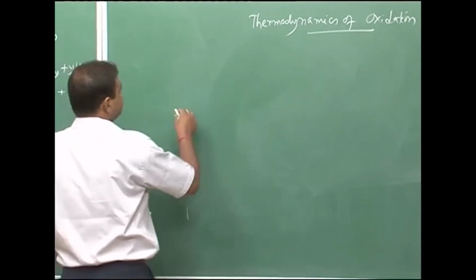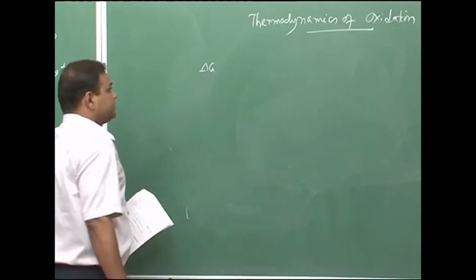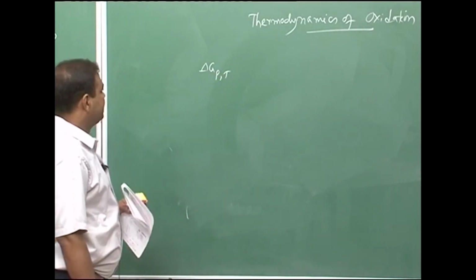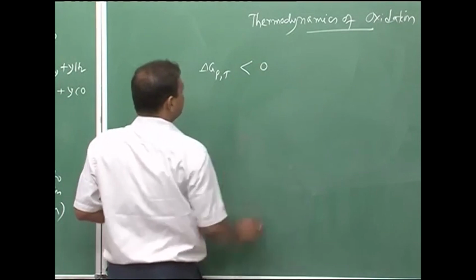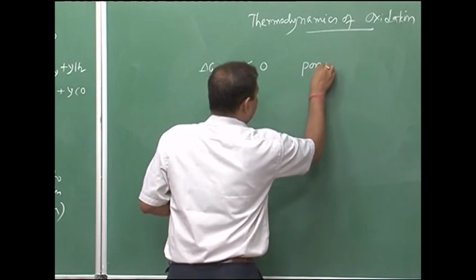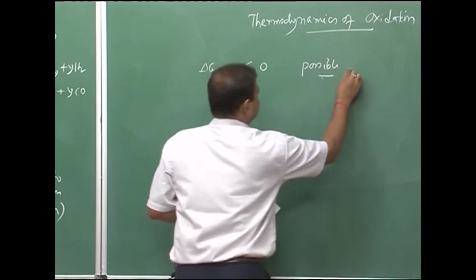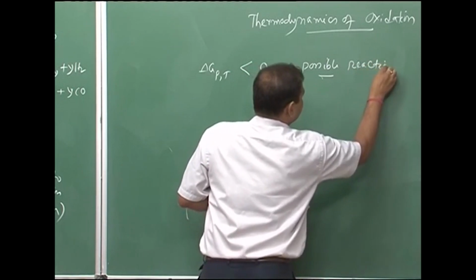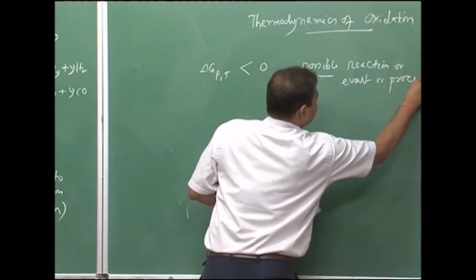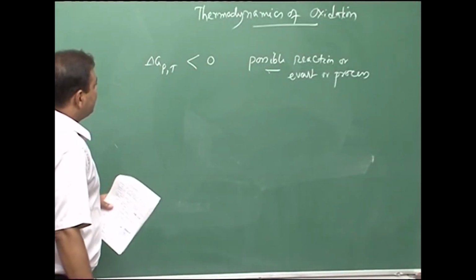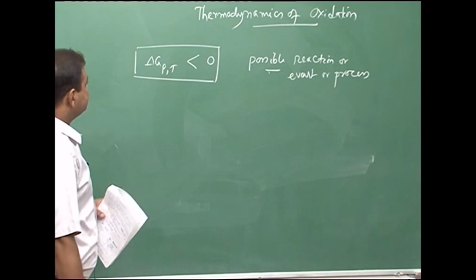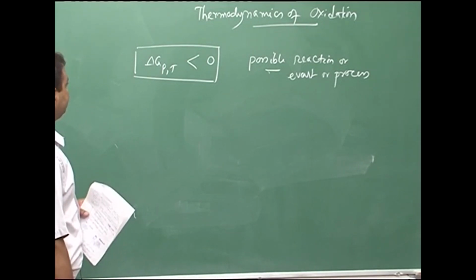Now, if for any process delta G, which is the free energy change at constant pressure and temperature, is negative, less than 0, we can say that the process is possible. So, a possible reaction, event or process. This particular concept would be considered while considering the thermodynamics of oxidation.